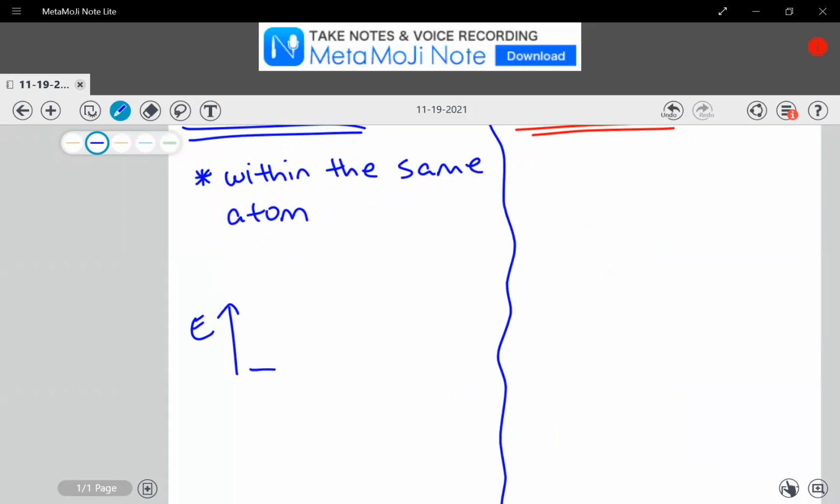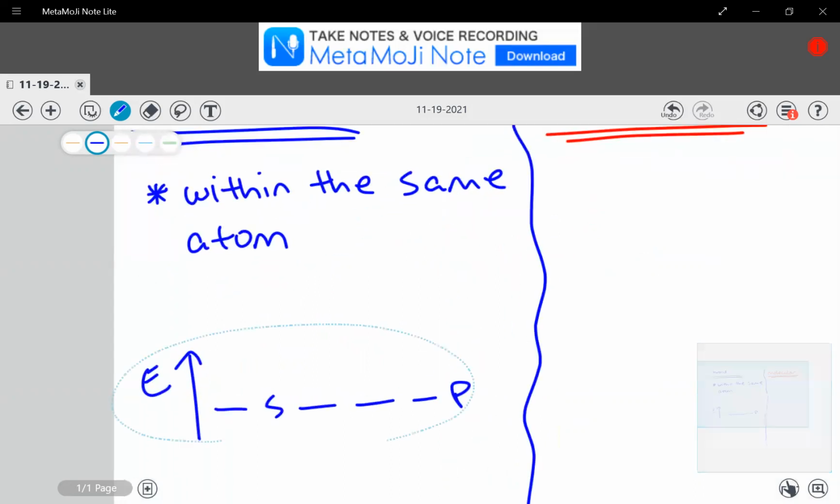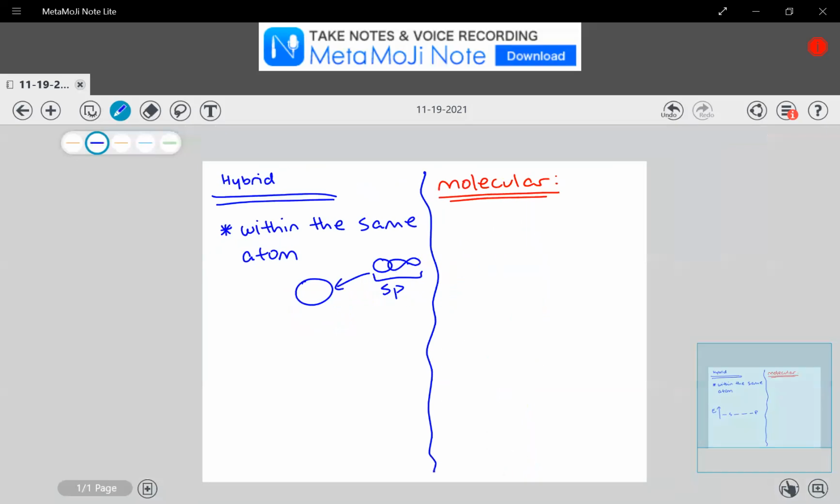You had your S and your P's. They met in the middle. That's all going on inside the same atom. The orbitals are meeting in the middle in the same atom, and that is a hybrid orbital. So let's say we've got some atom here, and inside, the S and some p orbitals are sp hybridized, a hybrid orbital, right?